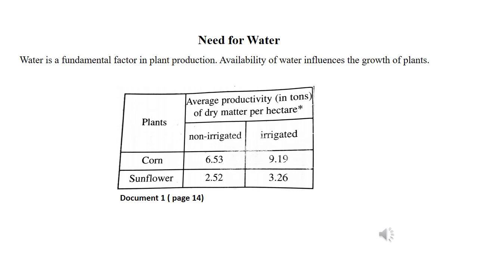Similarly, the average productivity of irrigated sunflower is 3.26 ton per hectare, higher than that of non-irrigated sunflower, which is 2.52 ton per hectare. This shows that water is essential for the productivity of plants.